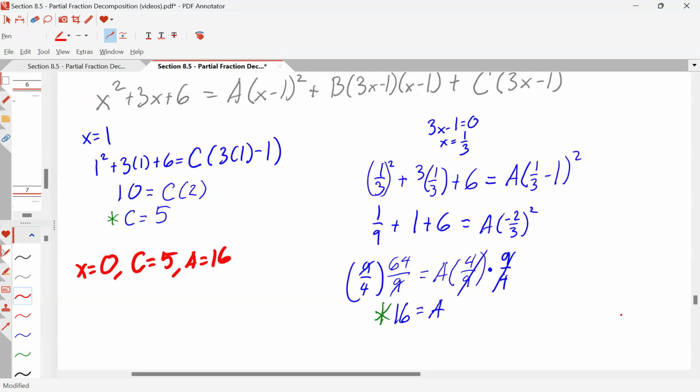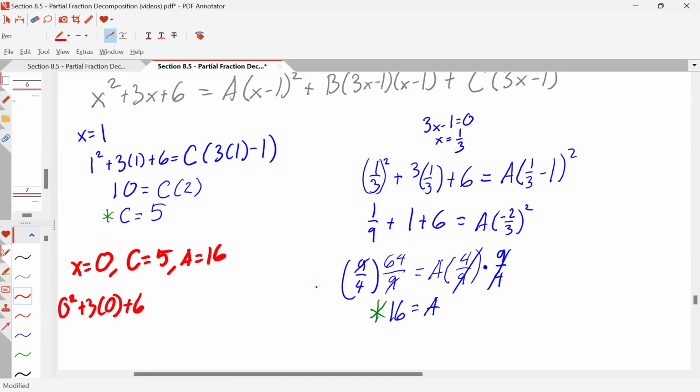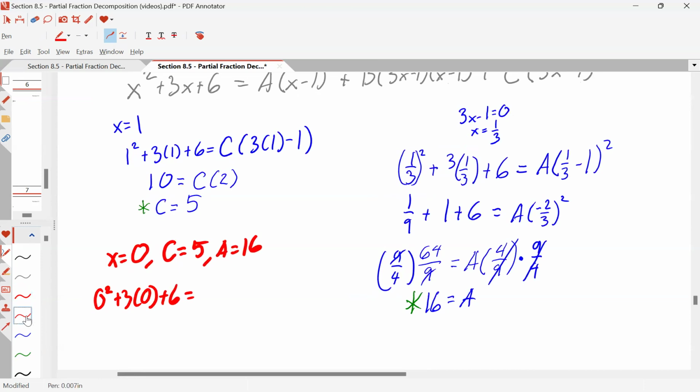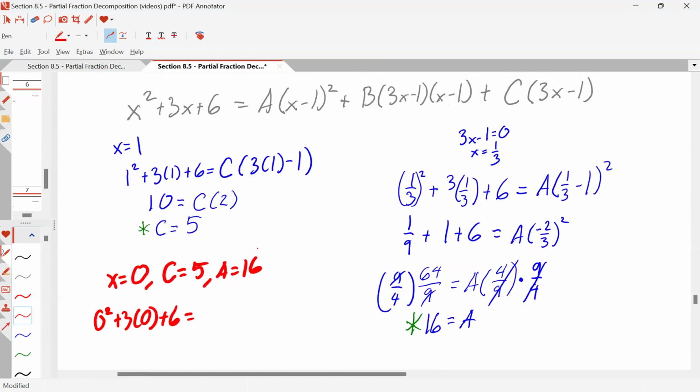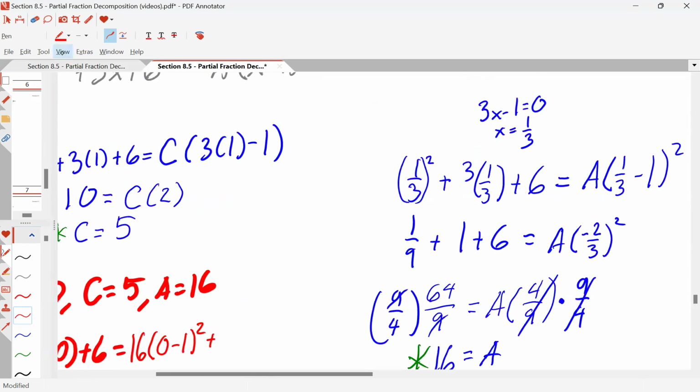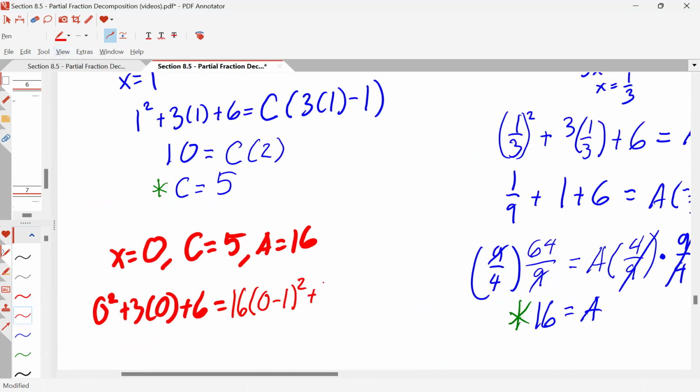So if x equals 0, our left-hand side becomes 0 squared plus 3 times 0 plus 6. And our right-hand side becomes a, which is 16, times 0 minus 1 squared, because x is 0, plus we don't know anything about b, but we do know that x is 0.